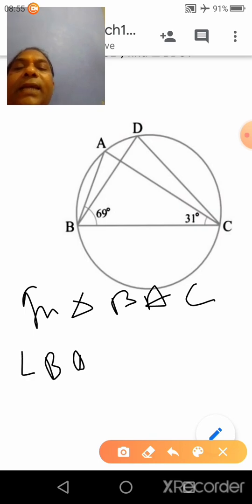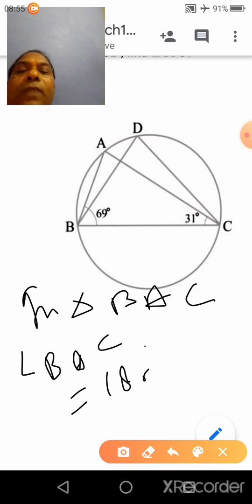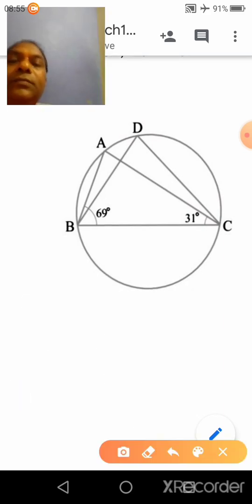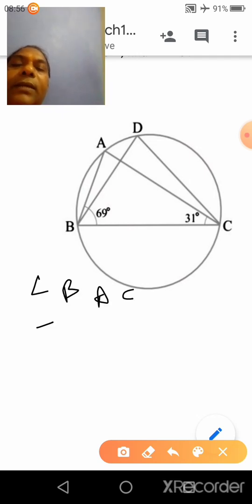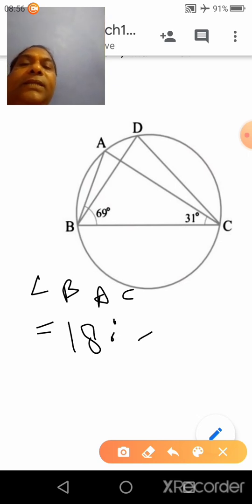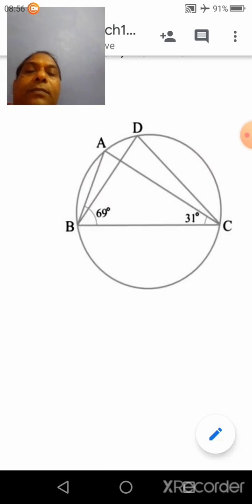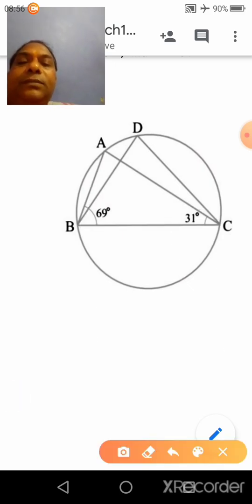Angle BAC will be equal to 180 minus 69, in triangle BAC.